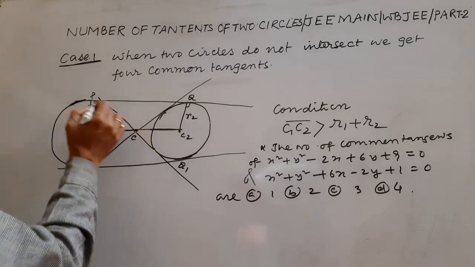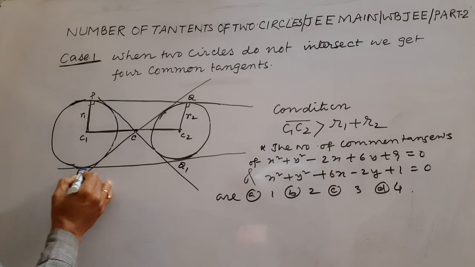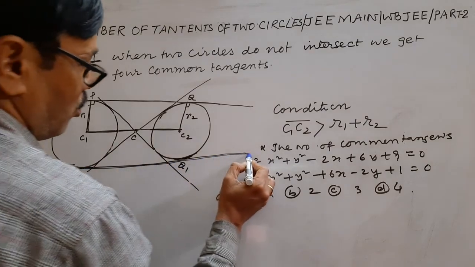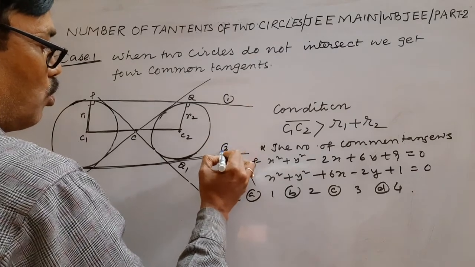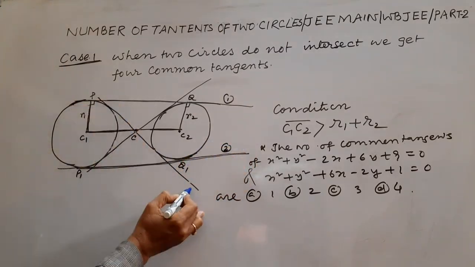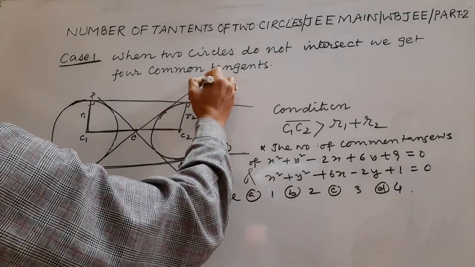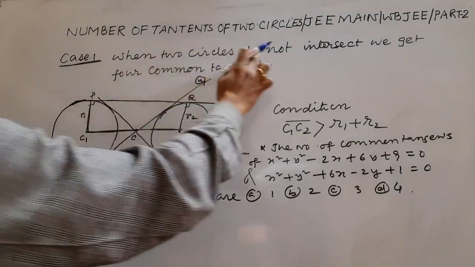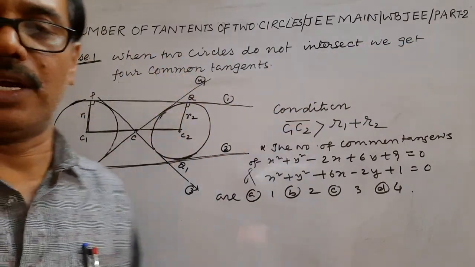So how many tangents? Look, this one and this one, two direct tangents. So this is 1, this one is 2. And this is transverse tangent 3 and this is 4. So when two circles do not intersect, we get 4 common tangents.